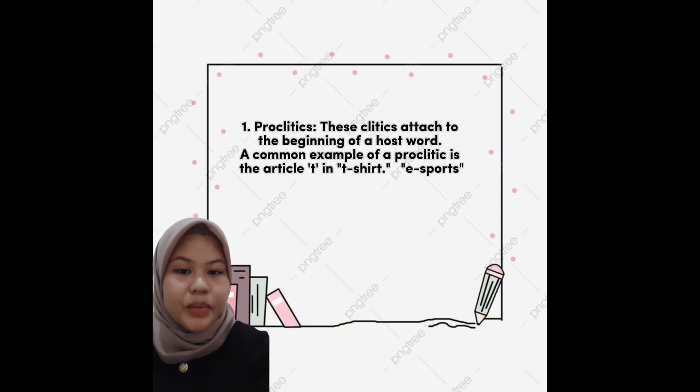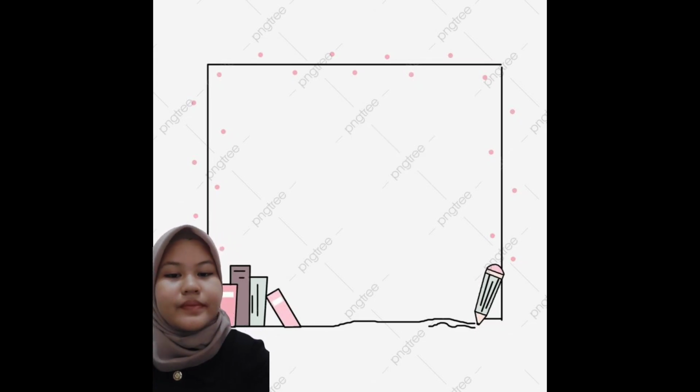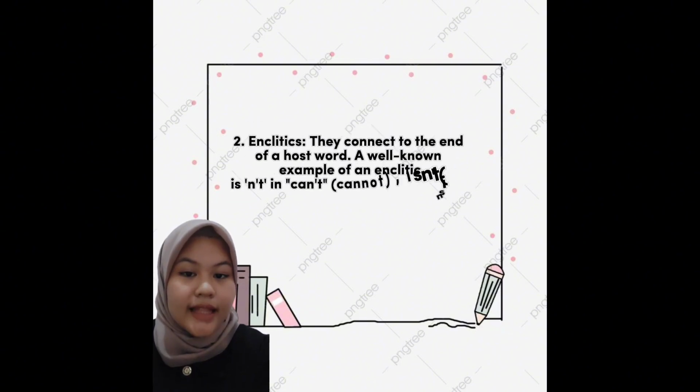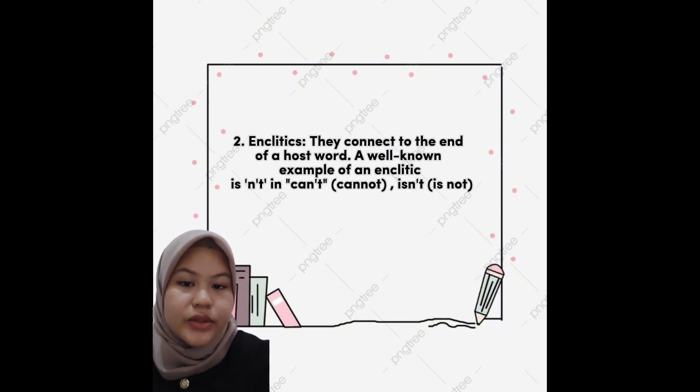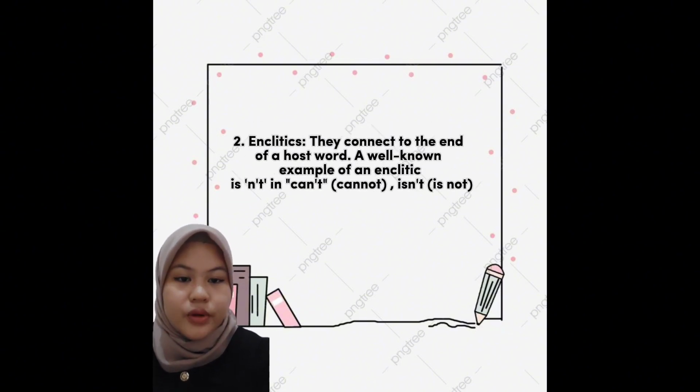A common example of a proclitic is the article t in t-shirt or a sport. Two, enclitics. They connect to the end of a host word. A well-known example of an enclitic is n't in can't, cannot, isn't, is not.